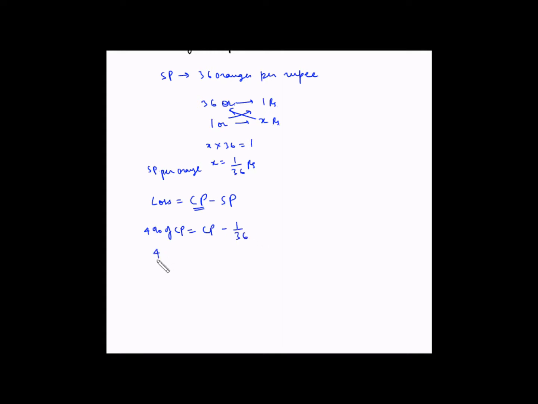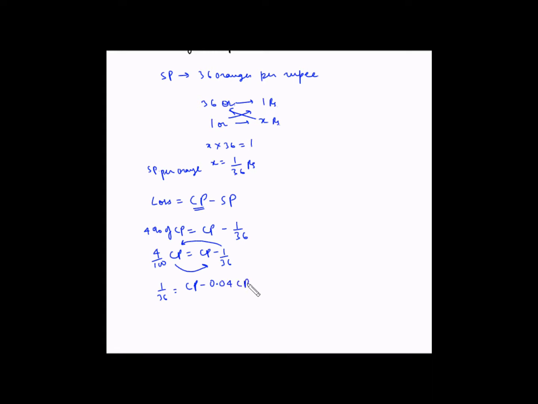So this is 4 by 100 CP is equal to CP minus 1 by 36. So let's bring this over here and this over here.